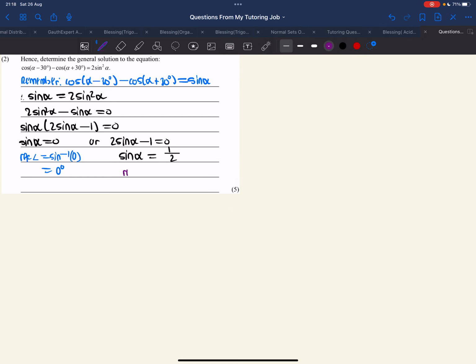The reference angle for this one, we're going to say shift of sine a half, and that basically should give you 30 degrees, right?